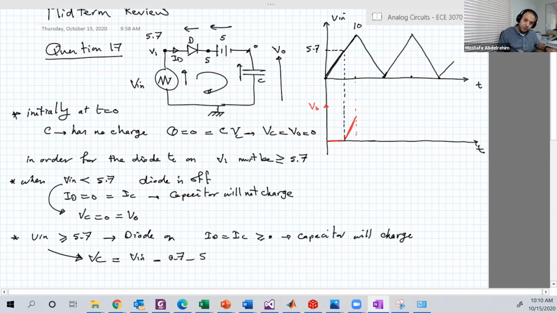So V input is equal to VC plus 0.7 plus 5. So VC is equal to V input minus 5 minus 0.7. So what I did here, I take each point and subtract 5.7.